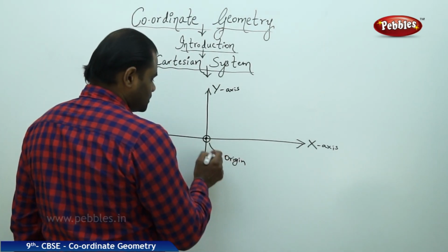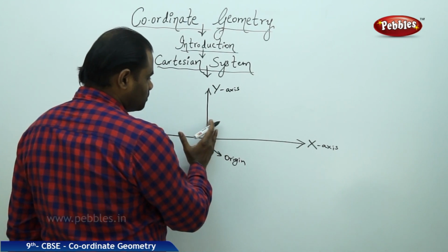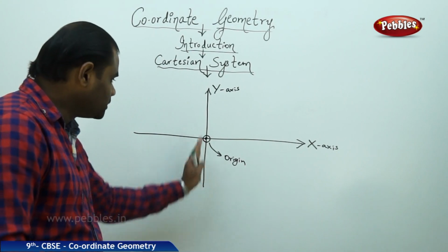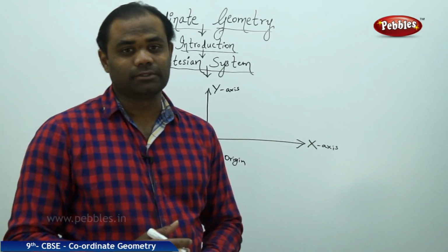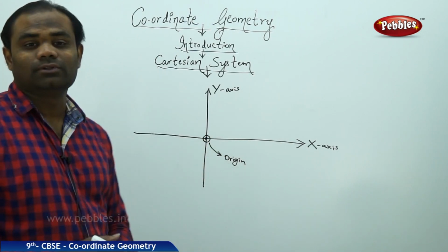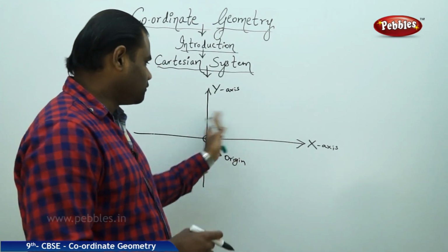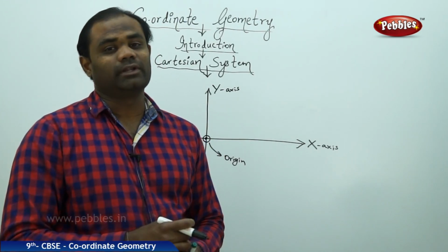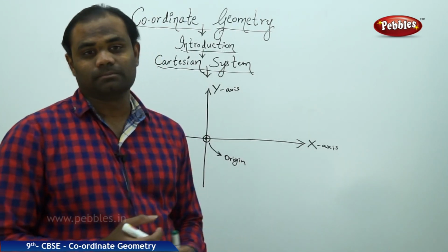Here comes the understanding of the definition for the right side of the origin, the left side of the origin, up from the origin and down from the origin.